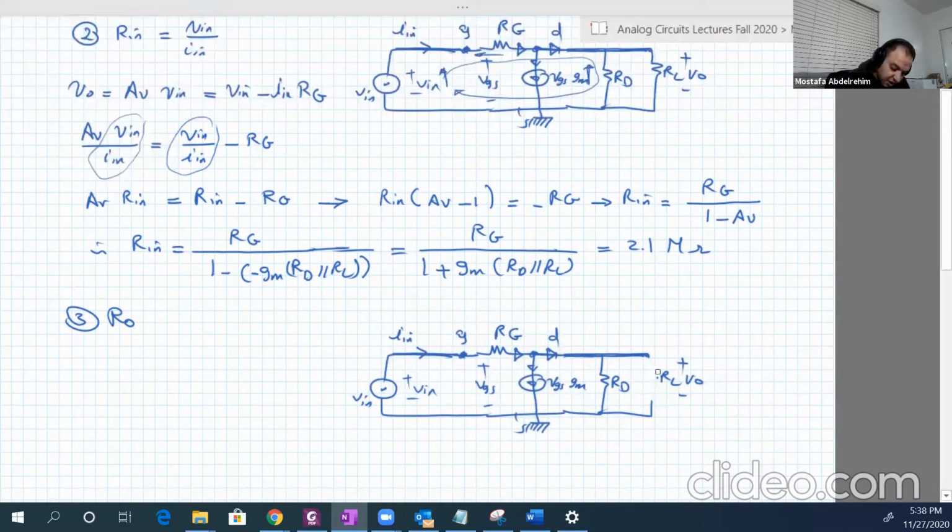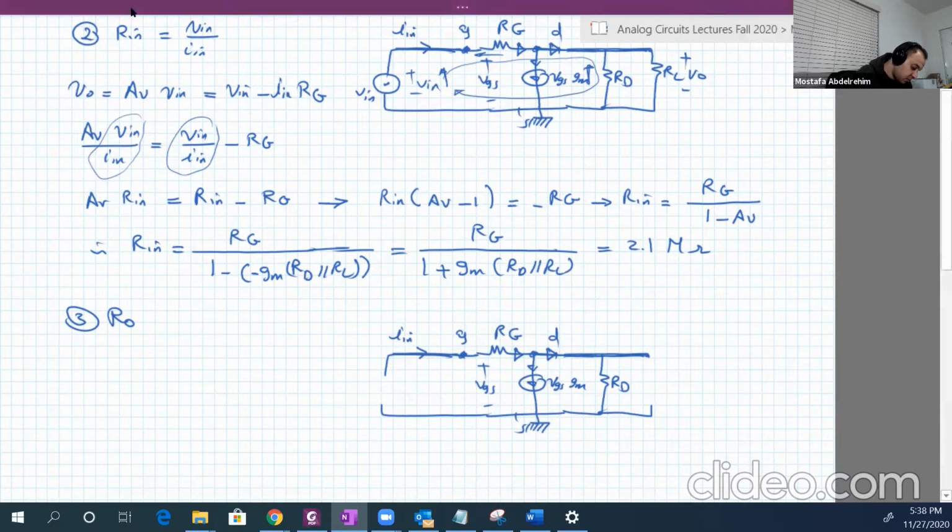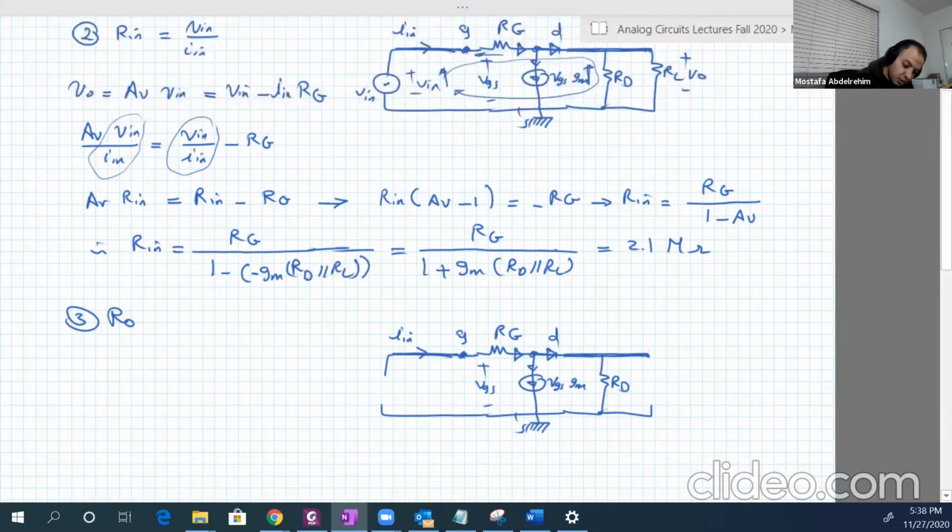We're going to remove RL, and the input will be just shorted, and we're going to put VX IX. So basically VGS is 0 now, because this is the gate, this is the source, and they are both connected to each other. So VG minus VS is 0. And RO is VX over IX.